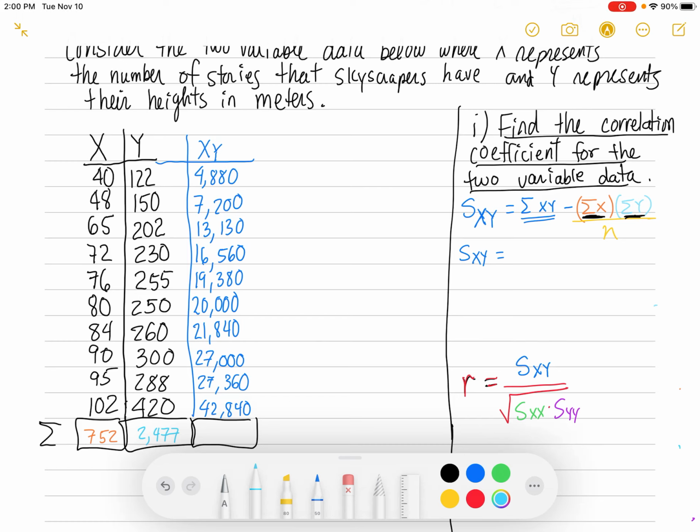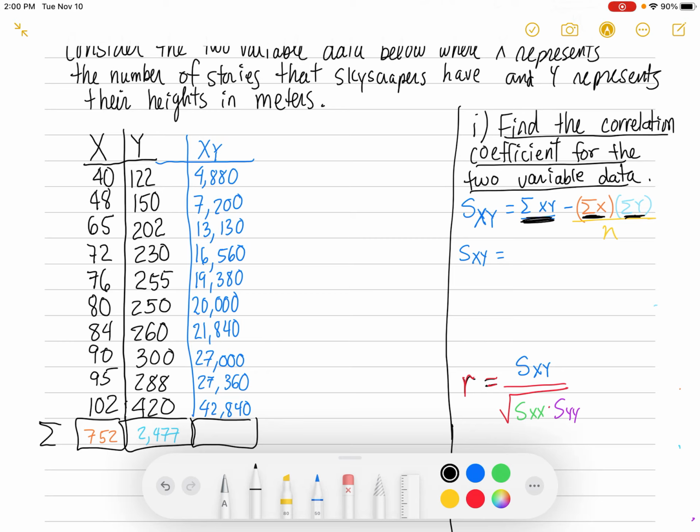Okay, and then we're going to add up the xy's. The xy's, that's the column we just found, the xy column. Let's see, if we add up, 4880 plus 7200 plus 13130 plus 16560 plus 19380 plus 21,123.